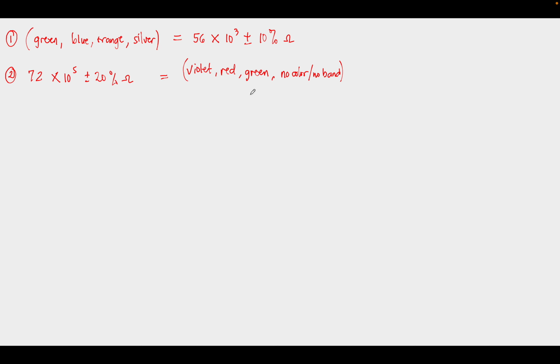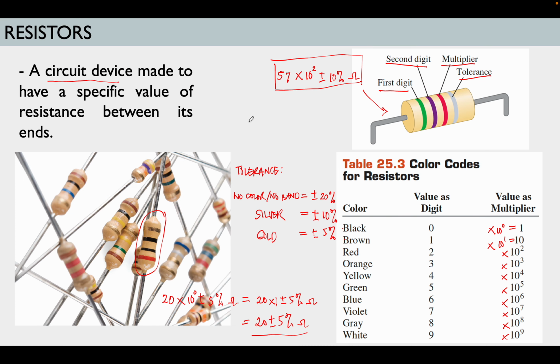So again, that is how you would determine the value of the resistance by looking at the series of colors of the resistor, and also if you're given the value of the resistance and you are to determine the colors of the resistor, or the other way around. So again, it's really important to memorize these color codes of the resistors.